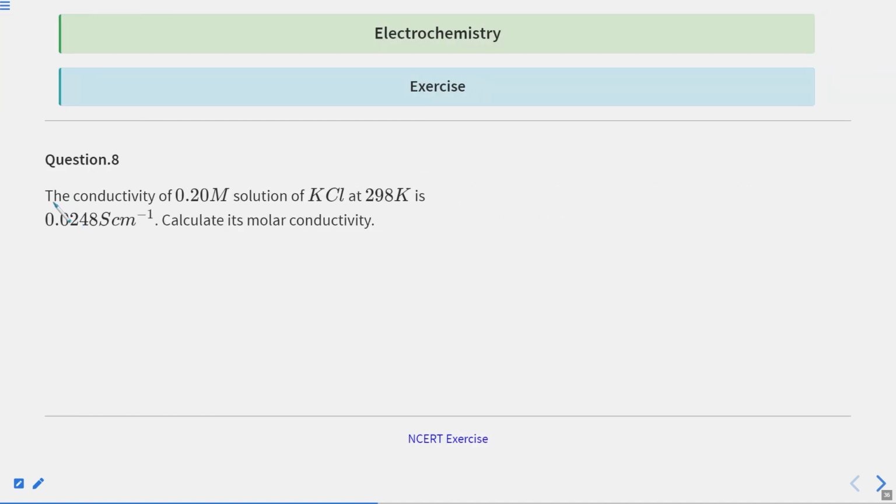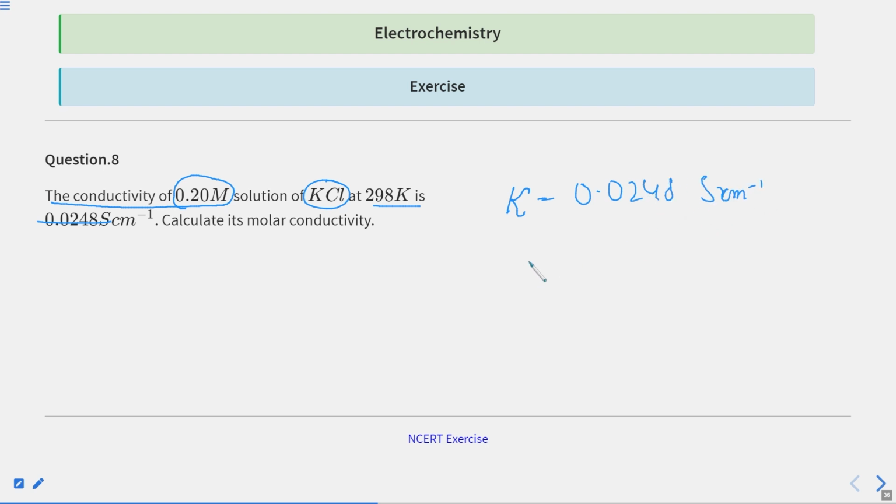The next question says that the conductivity of 0.20 molar solution of KCl at 298 Kelvin is this much. So conductivity is given, that is, kappa is given as 0.0248 Siemens per centimeter.